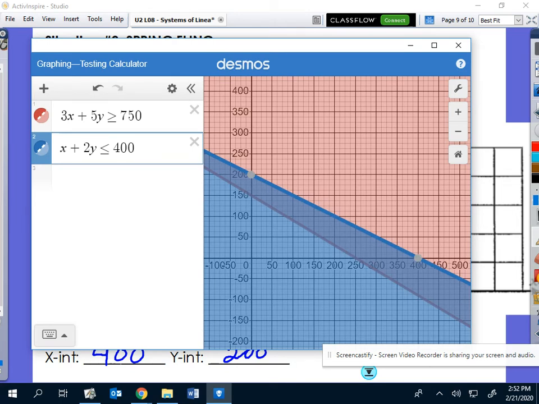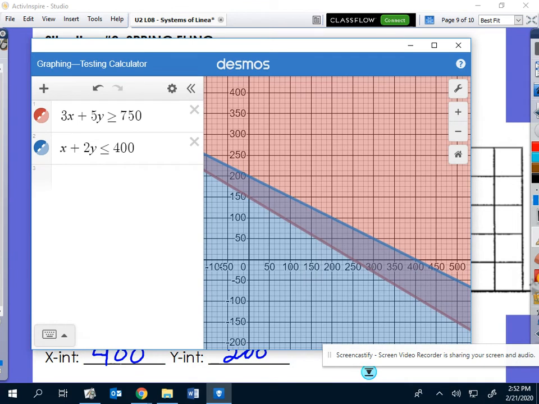So as an example, if we type in a quick coordinate, 150 comma 100, that would be 150 singles, but then 100 couple tickets, meaning 200 people.